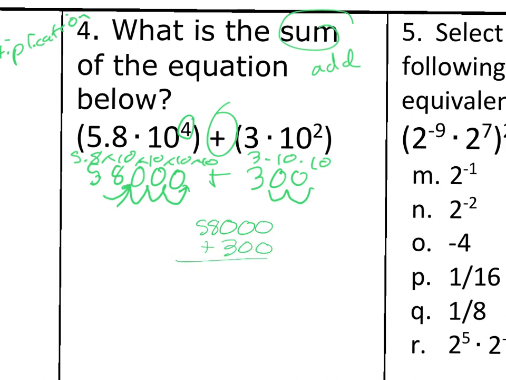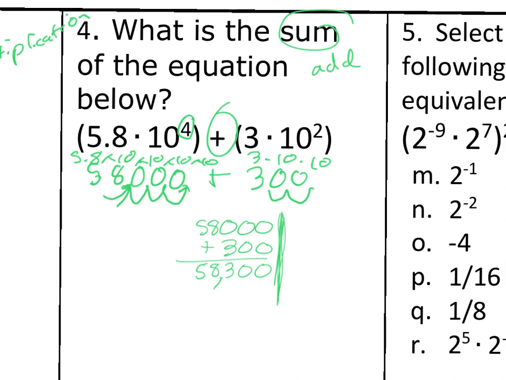The key here is line up on the right side. So now adding straight down, we got 0, 0, 3, 8, 5. So we got 58,300. And the comma just represents the thousands place. So that's very common in mathematical notation. Use the comma to represent that movement.